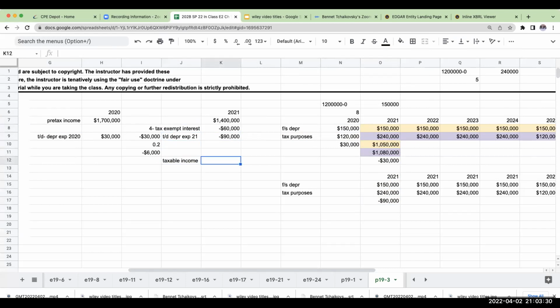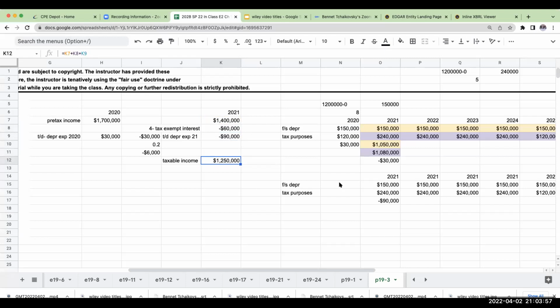So in terms of my taxable income, what is my taxable income going to be? Again, we're talking about current taxable income. I'm not going to deal with the deferred yet. We'll deal with that momentarily. So my taxable income is going to be 1.4 million less the permanent difference for the tax exempt interest of 60,000, less the extra depreciation, because I'm taking more depreciation for tax purposes than I am for book purposes.